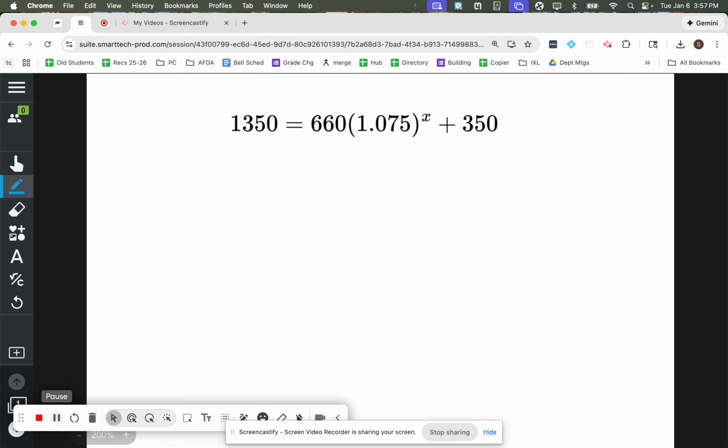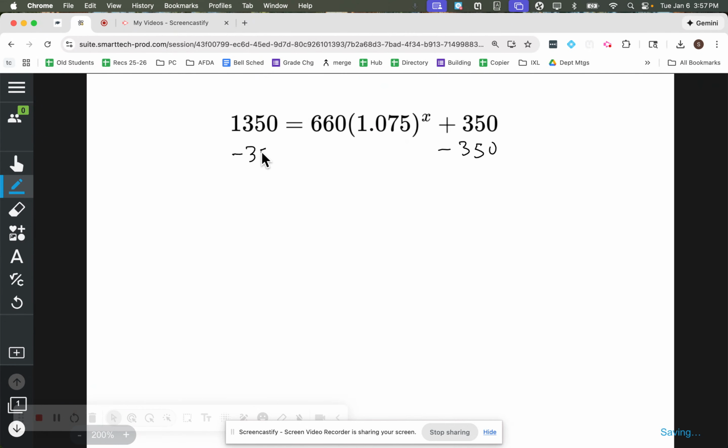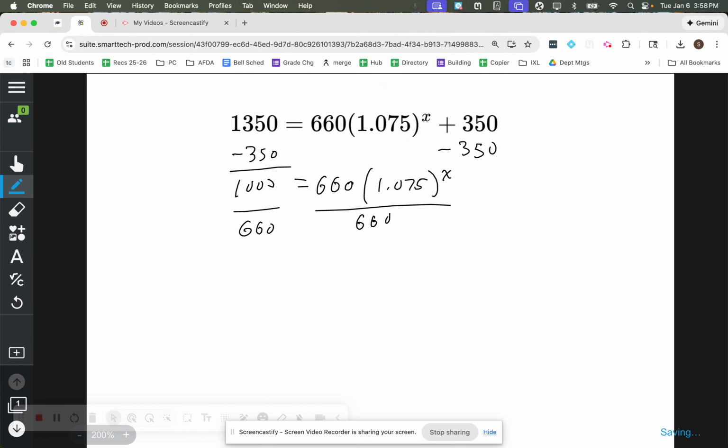So let's try this. Let's subtract 350 from both sides. It's going to be 1,000. And then we're going to divide both sides by 660.